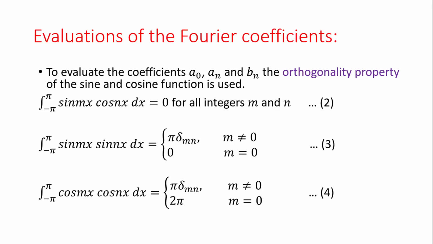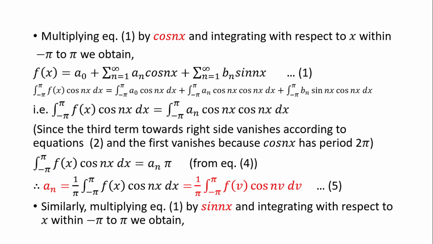Let us multiply this equation 1 by cos nx and integrate with respect to x within the limits of integration minus pi to plus pi, so that we obtain the left hand side as integration minus pi to pi f(x) cos nx dx. So here we multiplied the function f(x) with cos nx, and we integrated within the limit minus pi to plus pi.